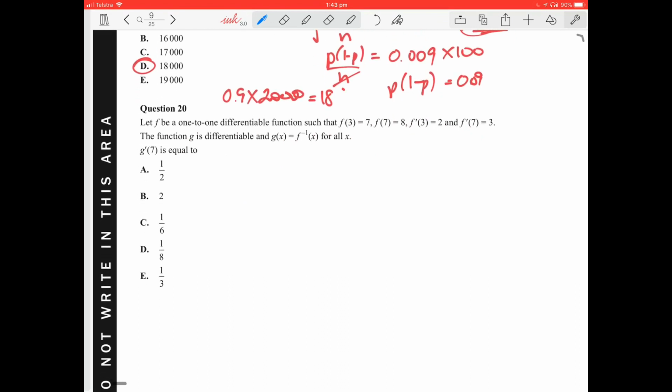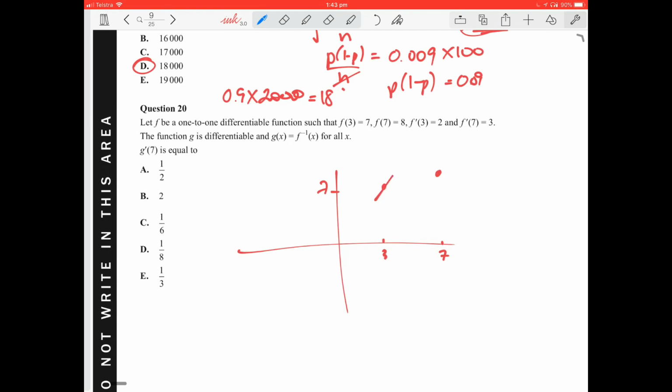Let f be a one-to-one differentiable function such that f of 3 equals 7, so this is f. F of 3 equals 7, and f of 7 equals 8. F dash of 3 is 2, so it's positive.